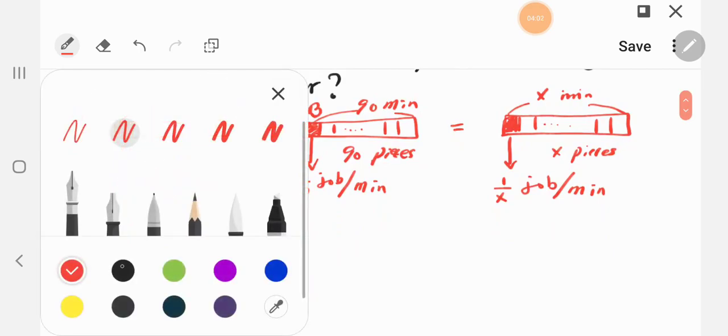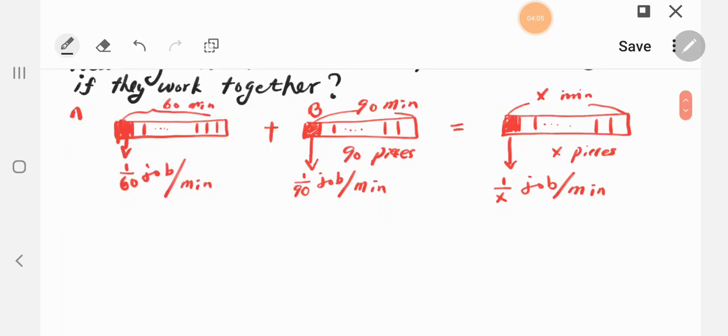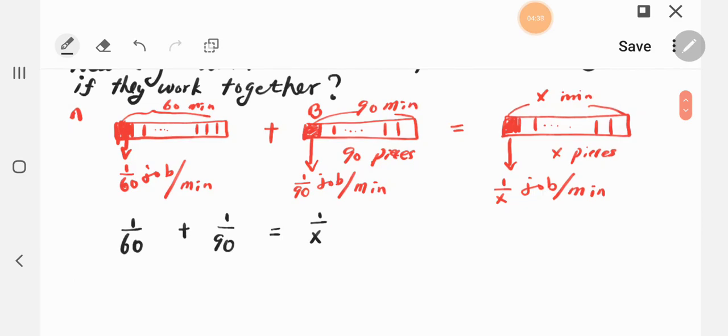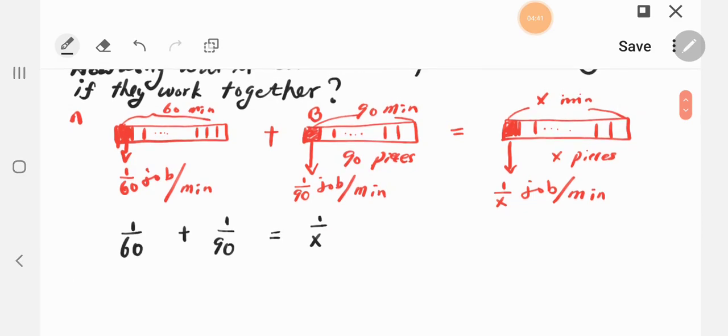Each minute, the first person can complete 1/60 of the job, the second person can complete 1/90 of the job, and if they both work, every minute they complete 1/X of the job. This is the equation of the job done per minute.